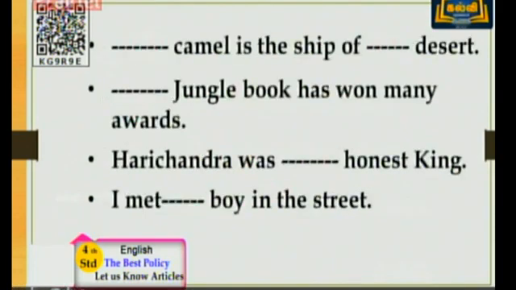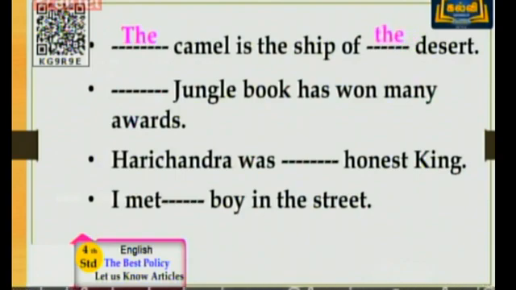Next one. Dash camel is the ship of dash desert. Try to write the article there. Say the word camel and see the word desert. Which article should you use there? The camel is the ship of the desert. Good.